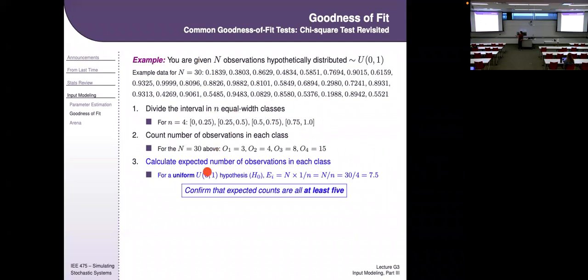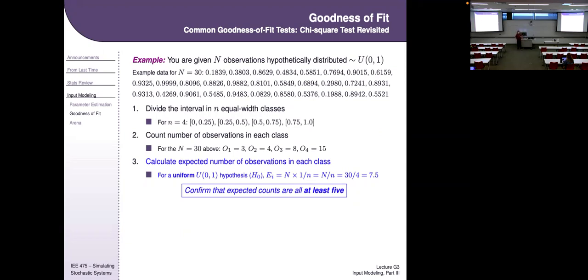Under the uniform hypothesis, the expected value in each bin is the total number of samples times 1 over n, because 1 over little n is the probability that a sample from a uniform distribution lands in each bin.